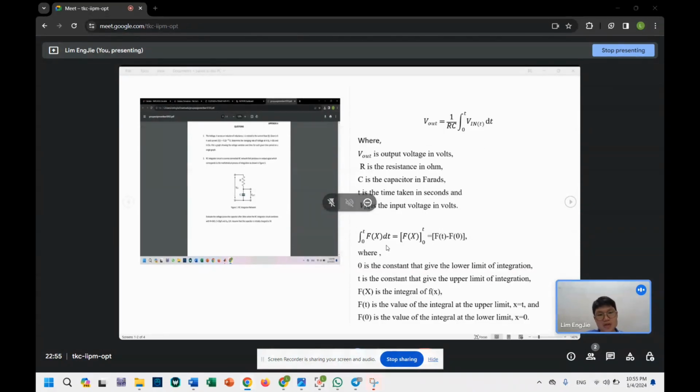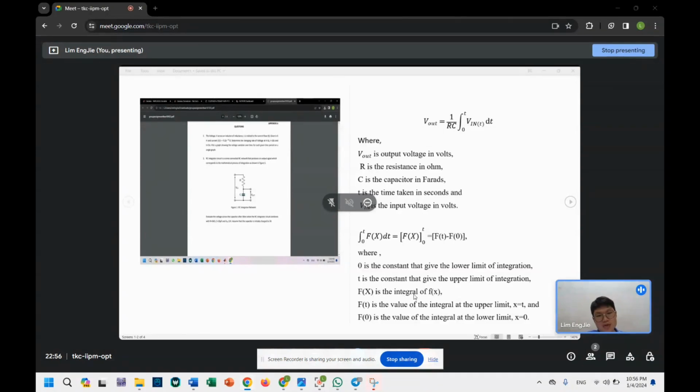Definite integrals is when we integrate this, we have to substitute the upper limit and the lower limit. After substituting the upper limit, we have to minus the function substituted with the lower limit, where 0 is the constant that gives the lower limit of integration, and t is the constant that gives the upper limit of integration.